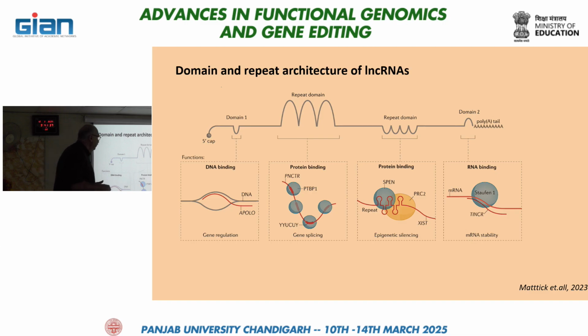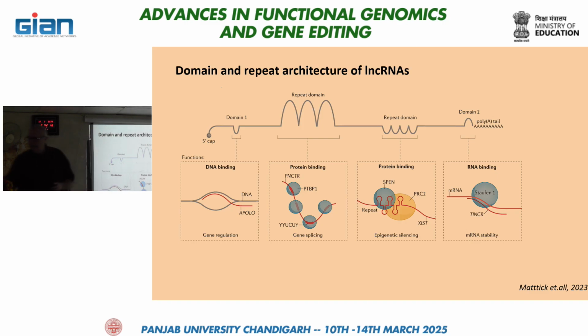Or it can be involved in RNA-RNA binding. You will see the example with Staufen-1 protein, where the long non-coding RNA can base pair with mRNA, and this is stimulated by Staufen. So in all these cases, the most important part is binding of 2 partners: a protein partner, DNA sequence, or the RNA partner in the last example.